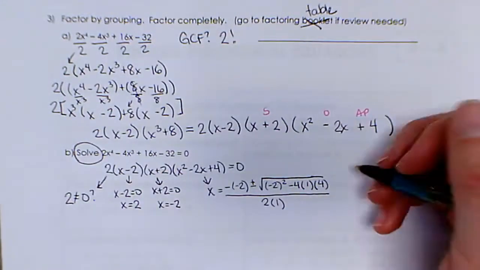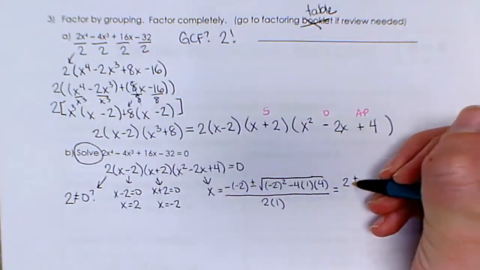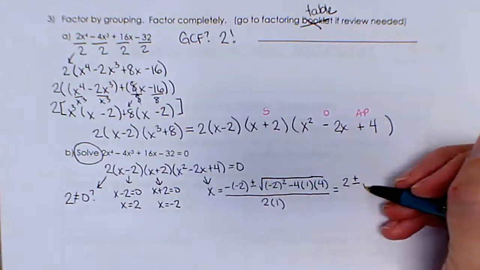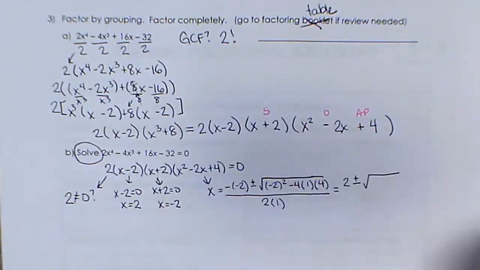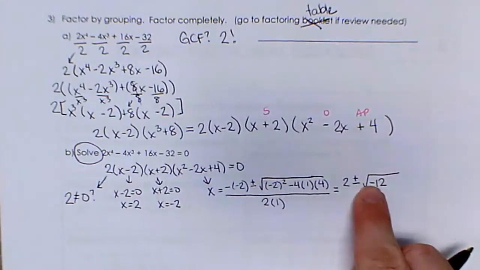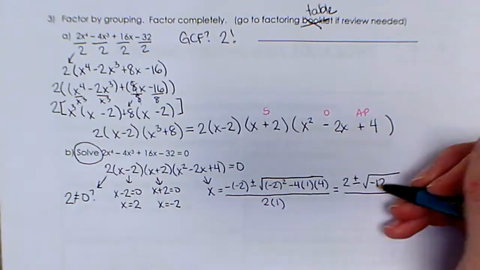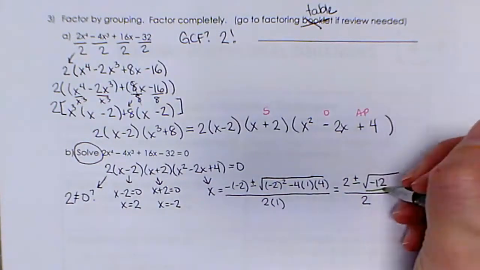Negative negative 2 is just 2. We have the square root of, if you type all of this into the calculator, you would end up with negative 12. Oh, negative under the radical implies we're going to have an imaginary answer. 2 times 1 is 2. Let's go ahead and simplify this radical. Break it up.